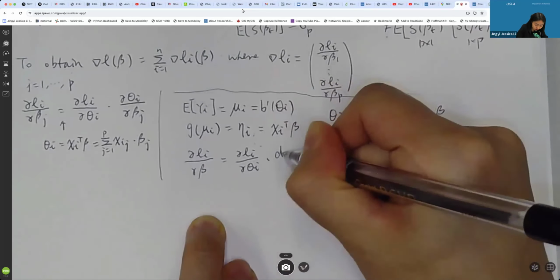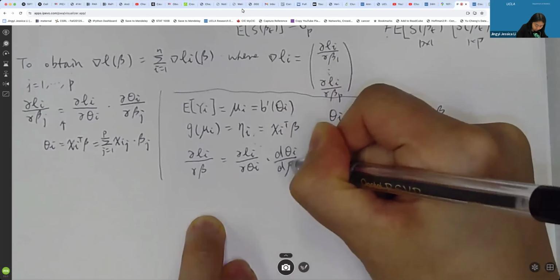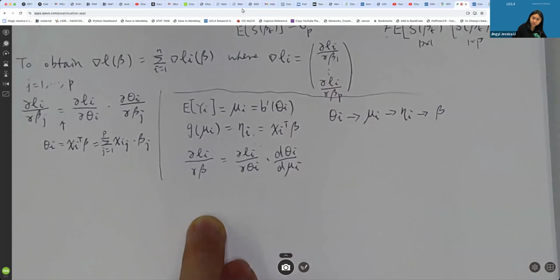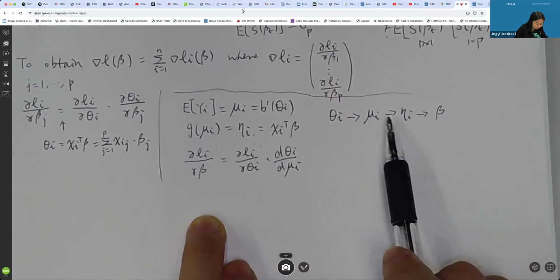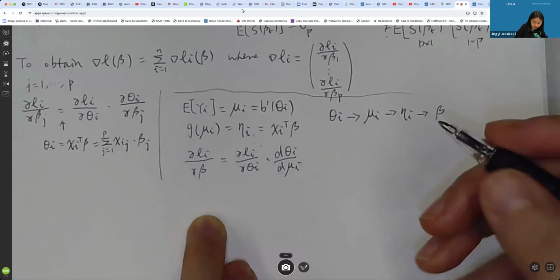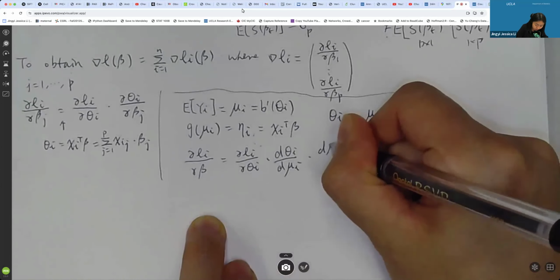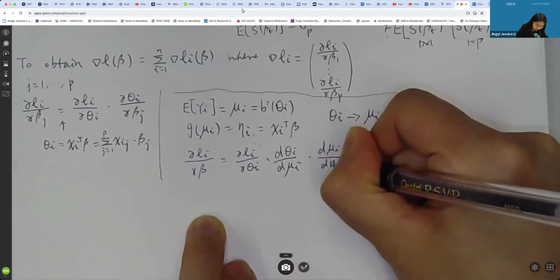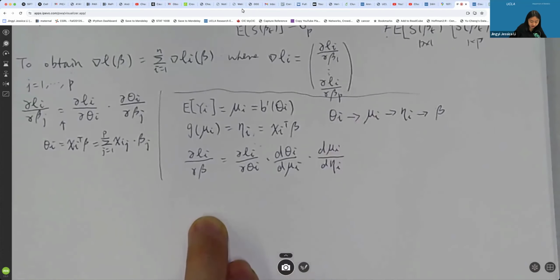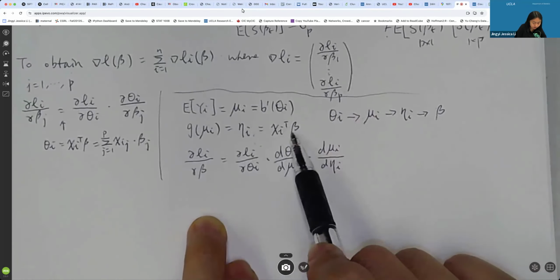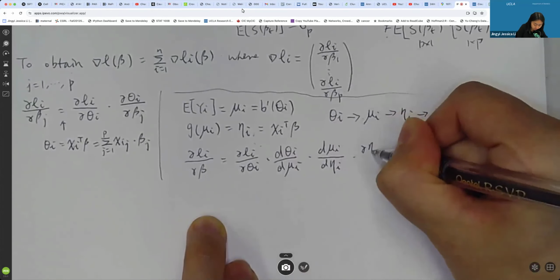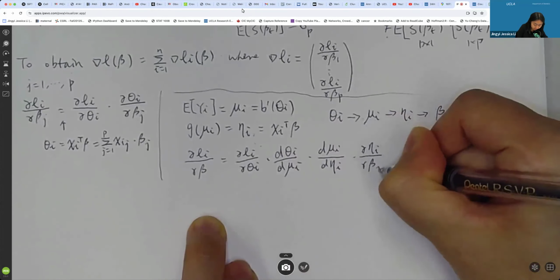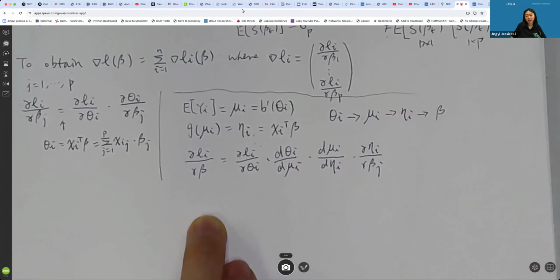So it's just d theta I d mu I. And then we will link mu I to eta I. Mu I and eta I are also scalar. So it's d mu I d eta I. Finally, eta I is a scalar, but beta is a vector. So the last step is partial eta I partial beta j. That's how we have this full chain rule here.